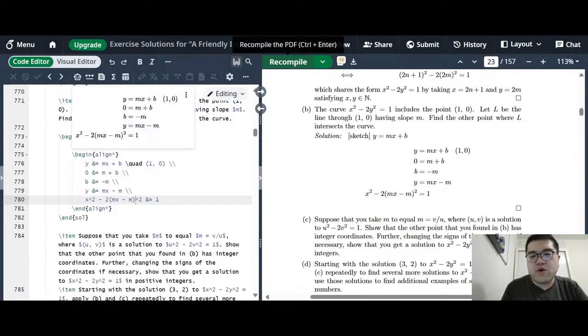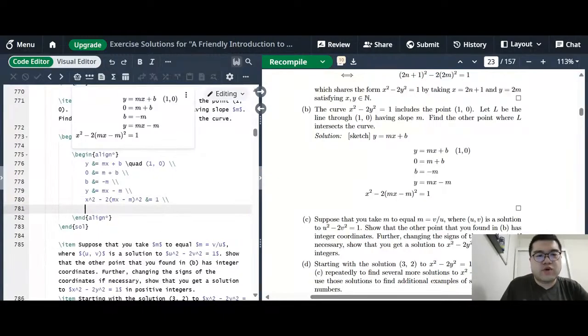Great. So now what is our goal? Our goal is to solve for the other points, meaning that we need to solve both x and y, like for the coordinates. In this case, we're going to solve for x first.